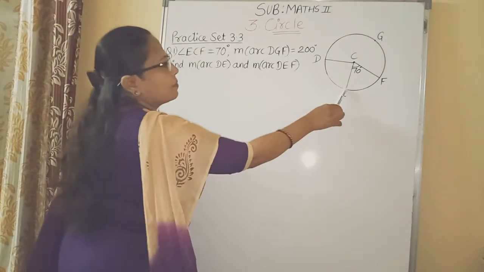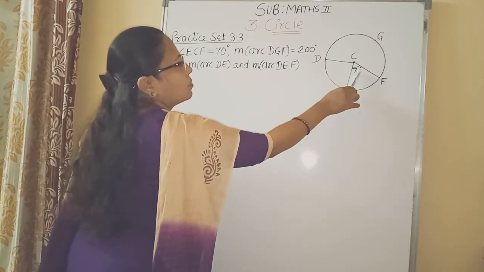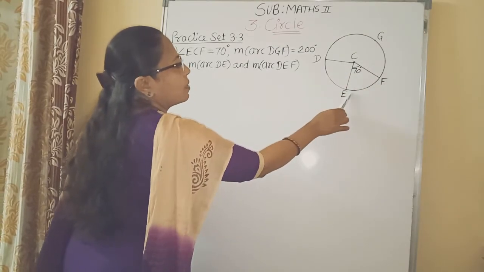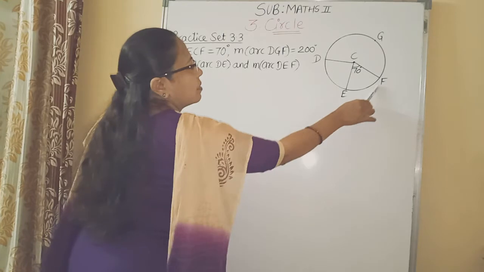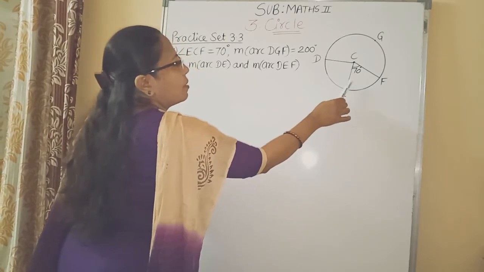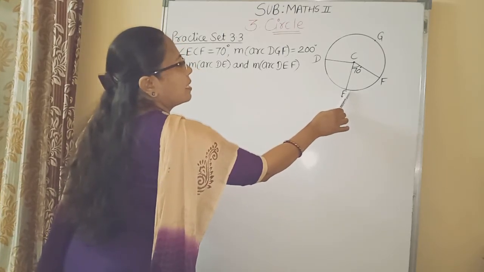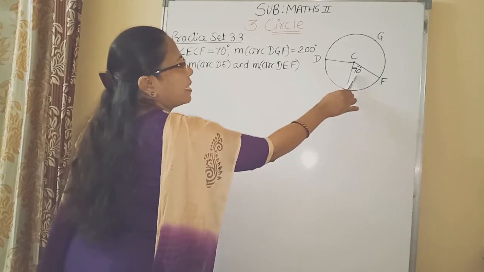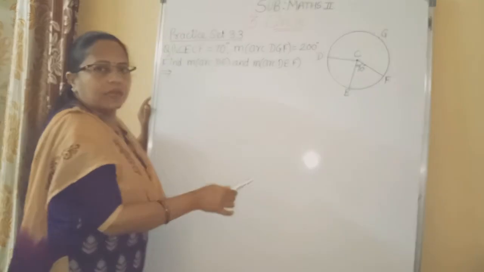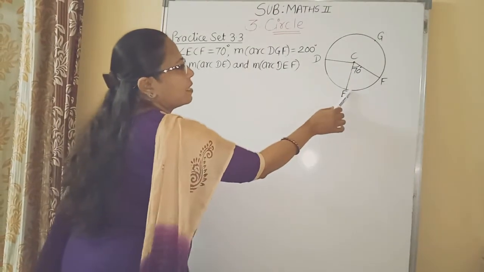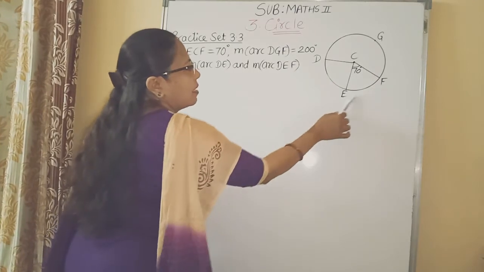Students, here the measure of central angle is given. So from that, let us find out the measure of this minor arc. Measure of central angle ECF is 70 degree. So the minor arc corresponding to this central angle is arc EF.